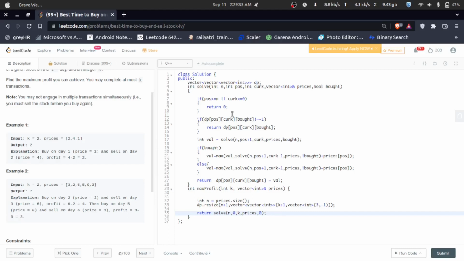Okay, if I have been doing it through there, so no, that is not okay. If I have been doing that outside that one, no, not the way that has to be marked through there. Basically if I have been taking the maximum of val, that will be the position plus 1 and the k will be constant there, and the price and bot have to be passed in there.